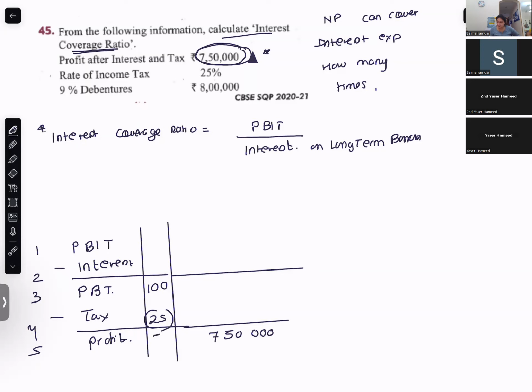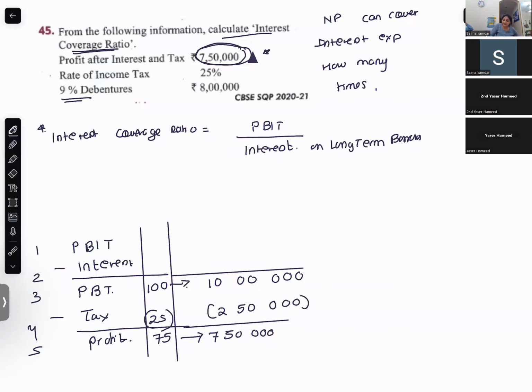So my profit will be 75. 75 represents 7,50,000. So 100 will be how much? 10 lakh. So tax will be 2,50,000. Are you with me?